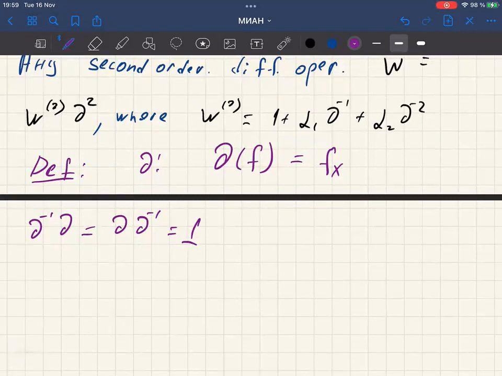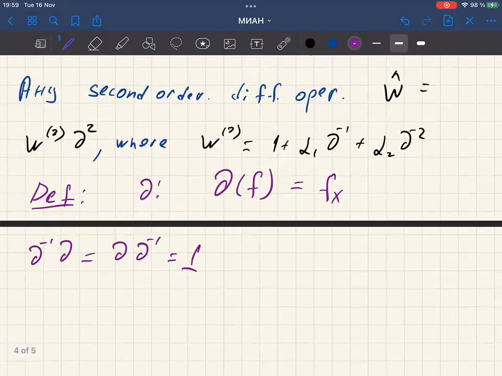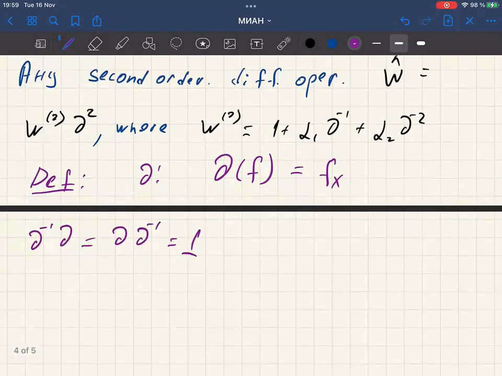This definition allows us, just using the definition, to determine this object W2.